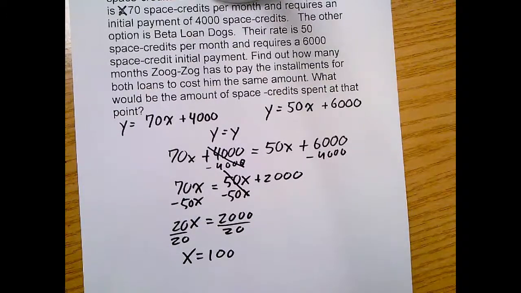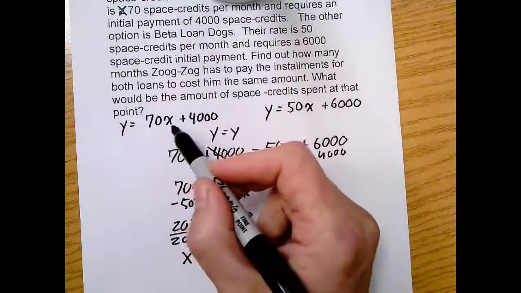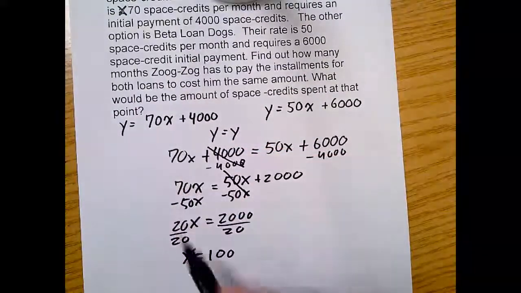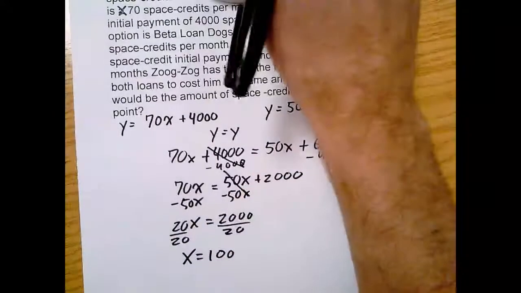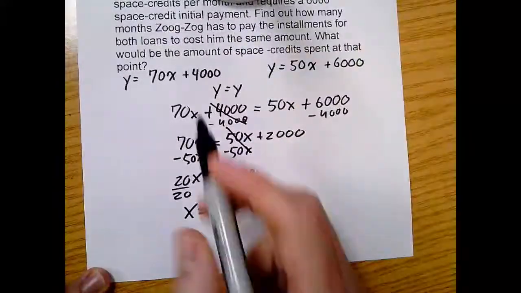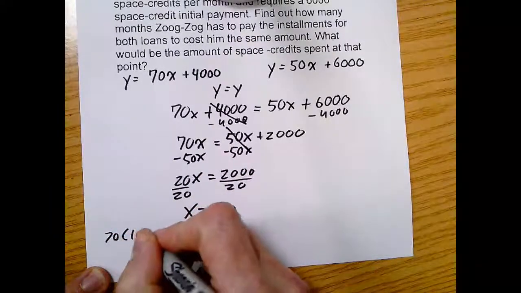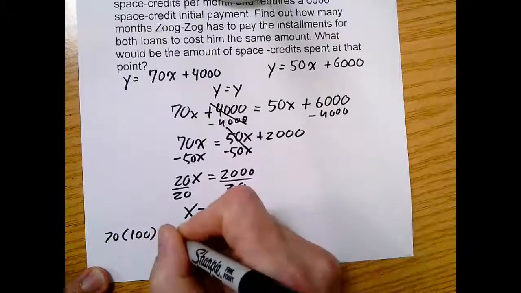So then we get to ask the question, well, how much money would that be? We can figure that out because this says x is 100. So we just substitute that in. So instead of saying 70 times x, we just say 70 times 100. So if I did this one over here, I'll write it right down here. I could just say 70 times 100 plus 4,000.